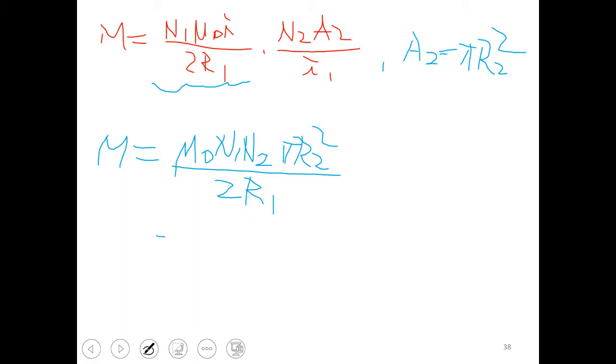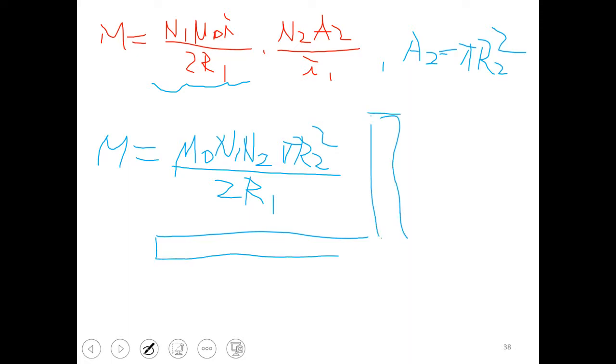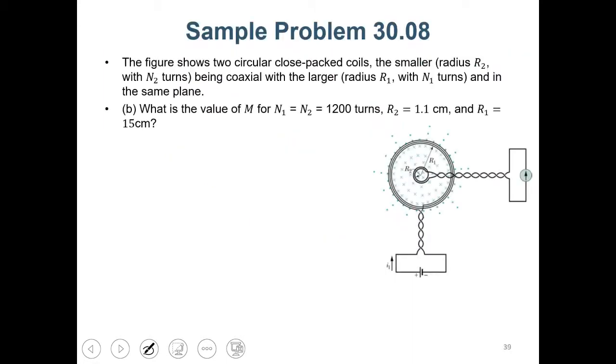Okay, so that's the answer for question A. This is pi. And for question B, what is the value of M for N1 equals N2 equals 1,200 turns?